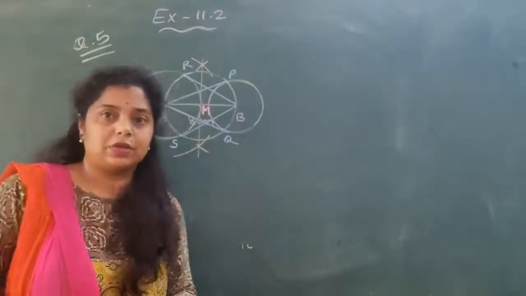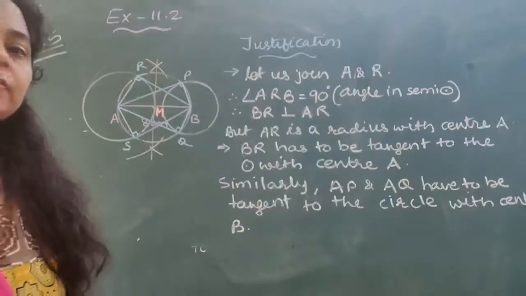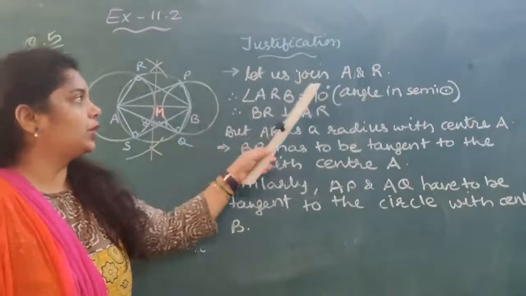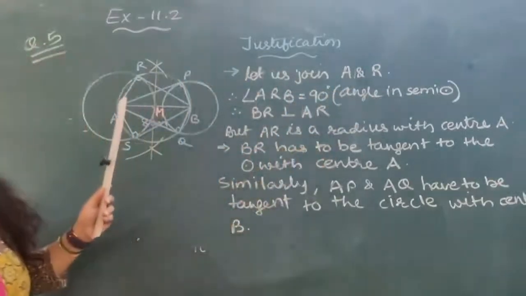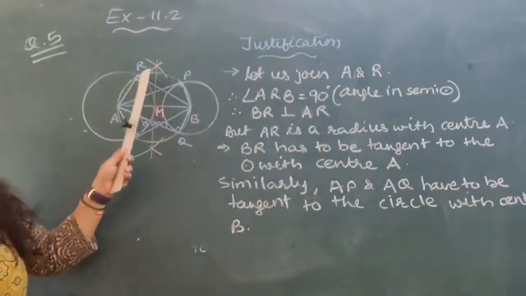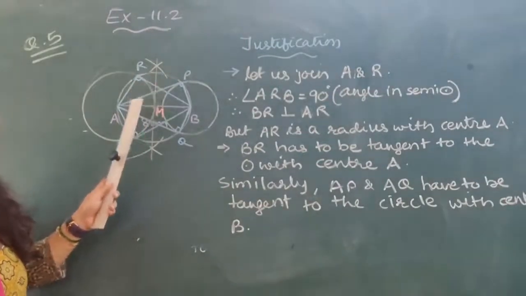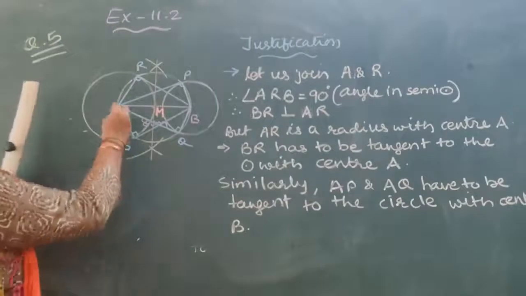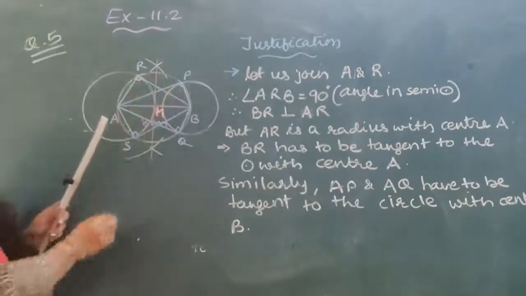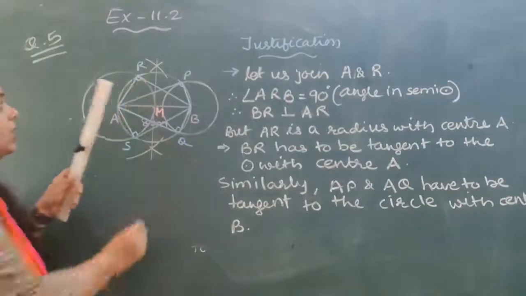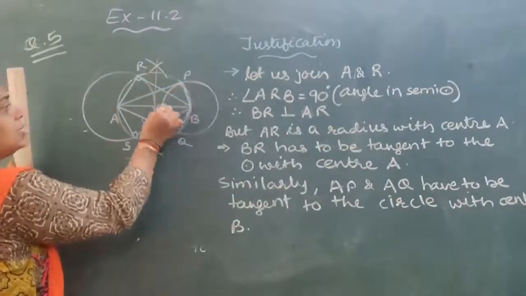Now let's see the justification. Let us join A and R. So first of all we have to join center A with R, which is a point of contact. Okay, and if we join, this angle ARB of course is 90 degree, as this is in the semicircle.